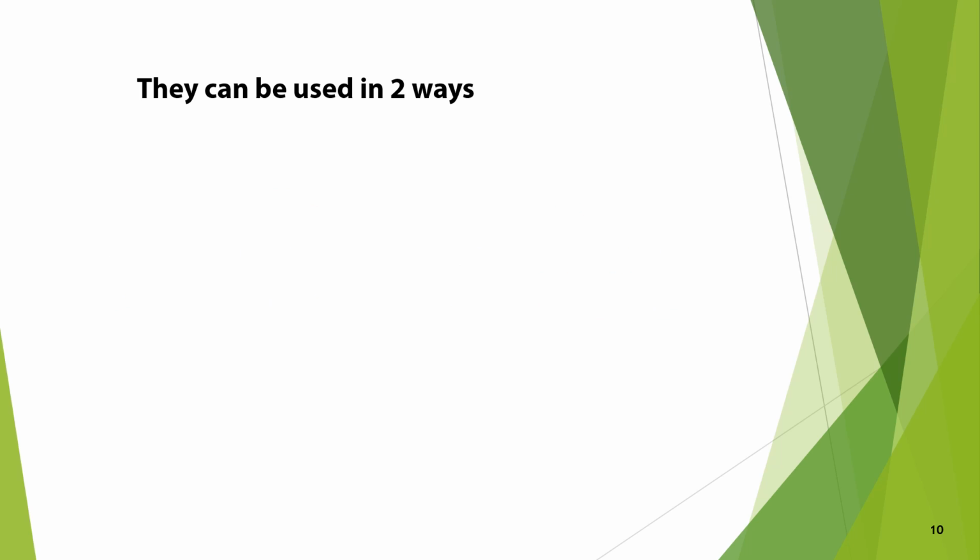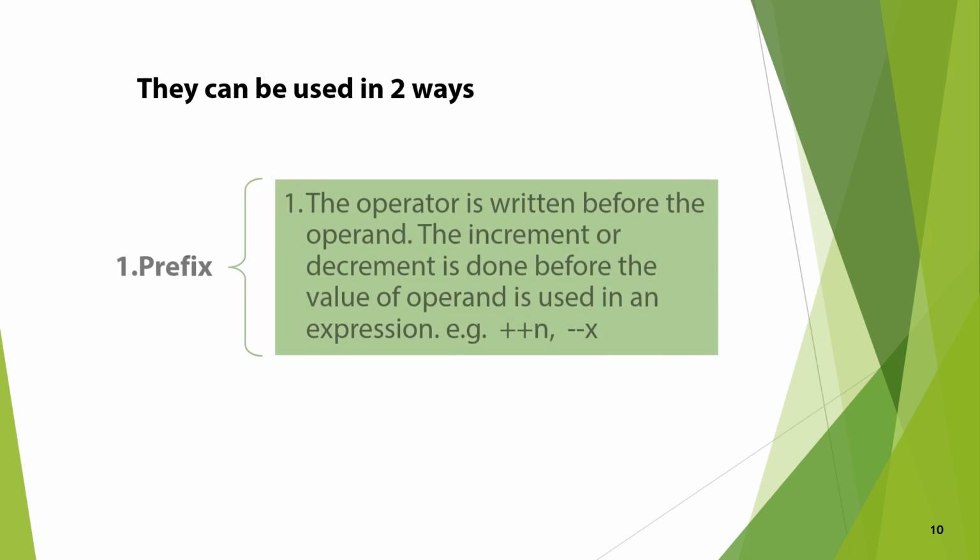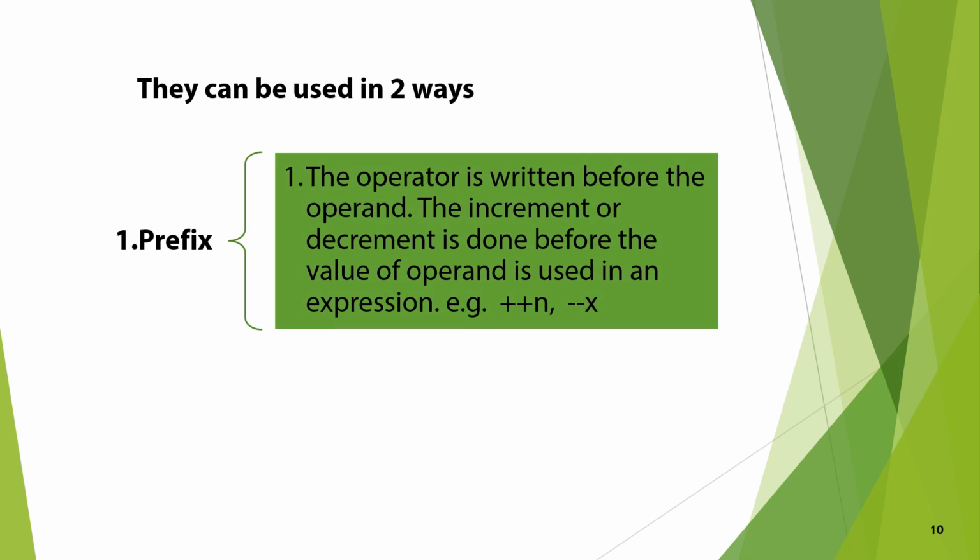These increment and decrement operators are used in two ways in an expression. The first way is prefix. So when we say prefix, then the operator is written before the operand. Here the increment or decrement on that operand is done before the use of that operand in an expression.